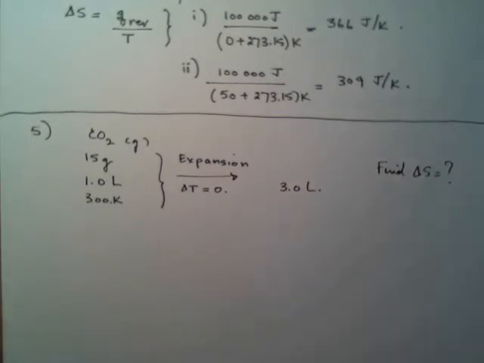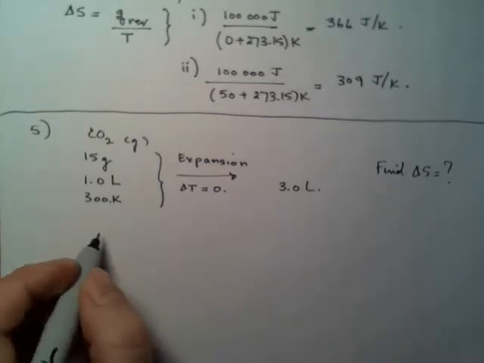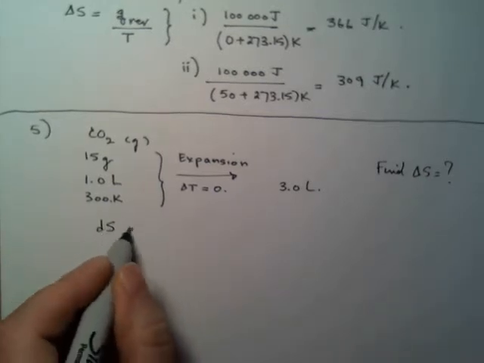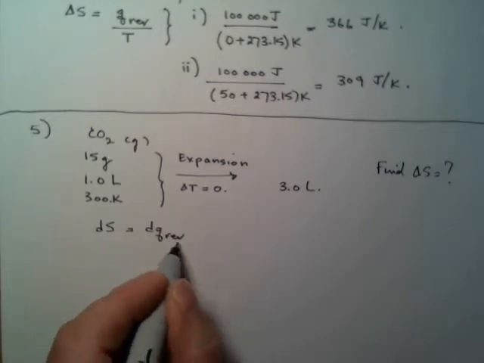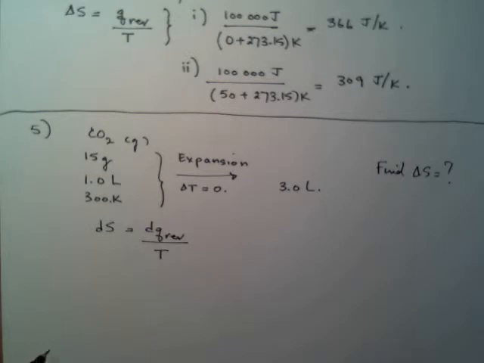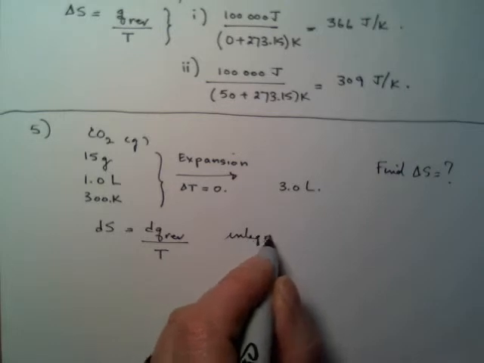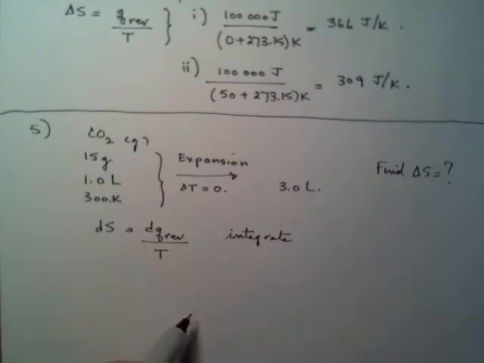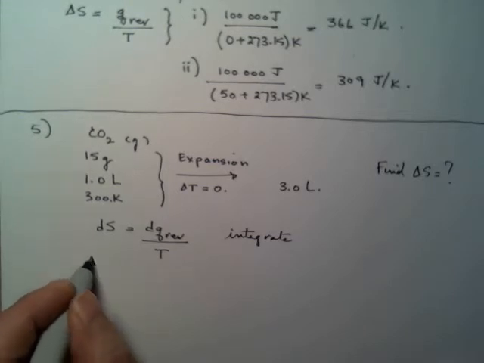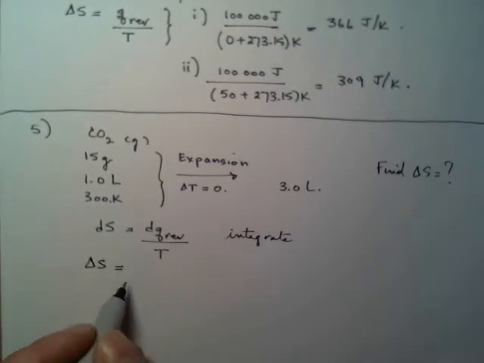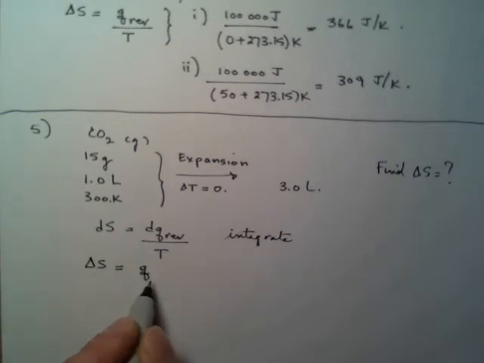So I'm going to start at the thermodynamic definition, the reversible Q over temperature. If I integrate that right away, delta S is equal to, it's isothermal, so I can do it right away, because my temperature is constant.